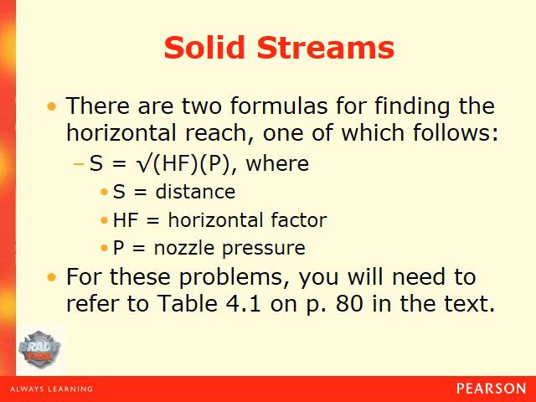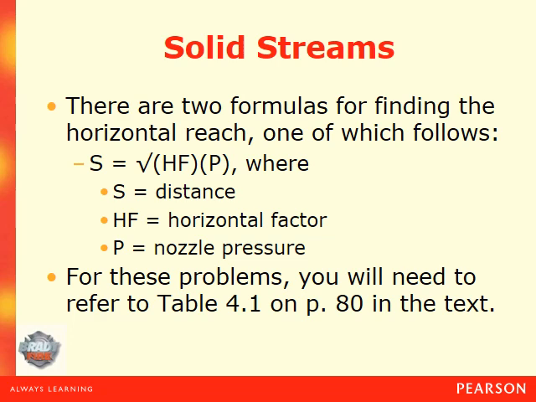Okay, gang, so here's our first formula. There are two formulas for finding the horizontal reach, one of which follows this. S equals the square root of HF times P, where S equals distance, HF equals horizontal factor, and P equals nozzle pressure.